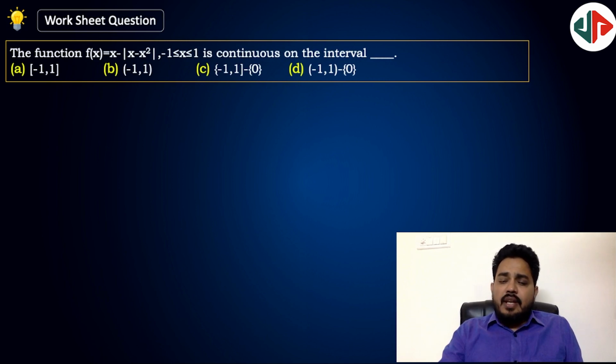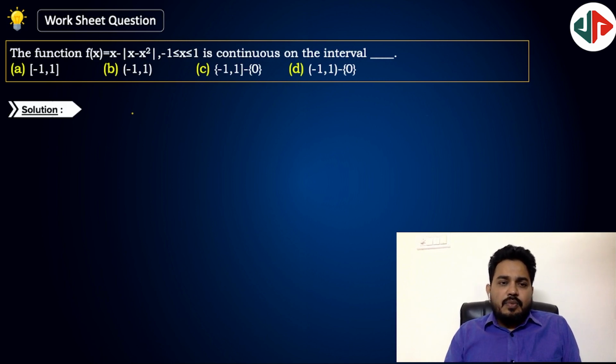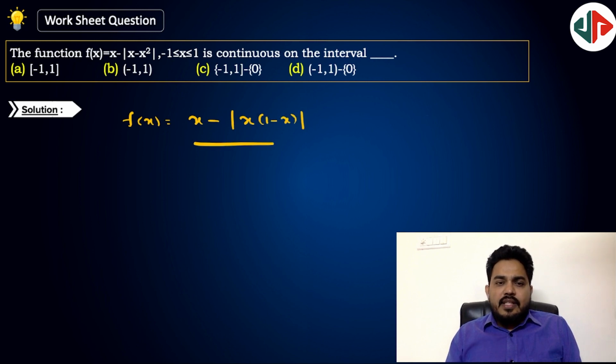The function f of x is equal to x minus modulus of x into 1 minus x. So whether this function is continuous in the interval minus 1, etc., things are there. So here, what happened?